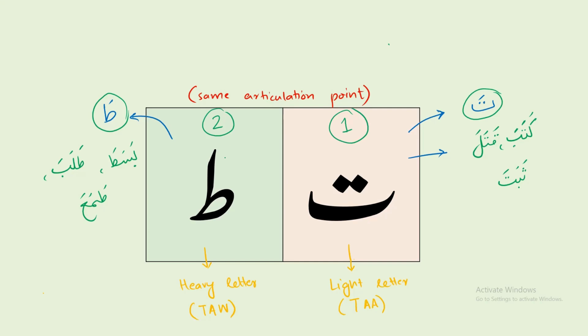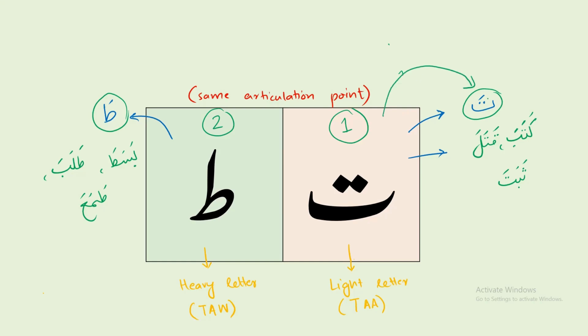Okay, first of all, let me tell you the articulation point of these two letters. What we do is that we take the tip of the tongue and we touch that tip of the tongue to the roots of our upper front two teeth, like the back part of our upper front two teeth. Okay, and we say ta. The first one is we say ta like this.